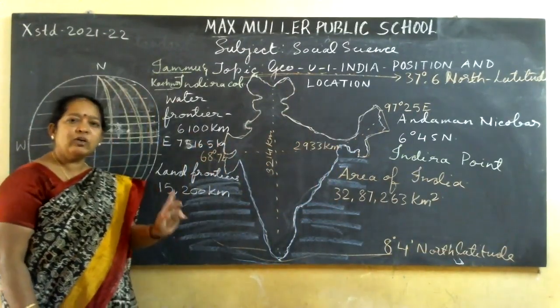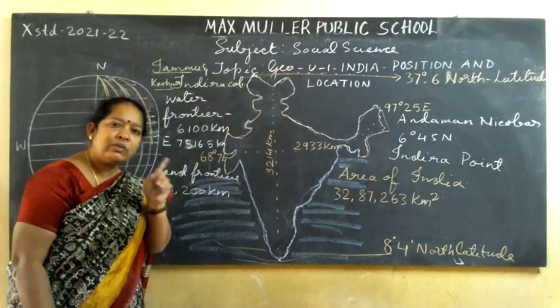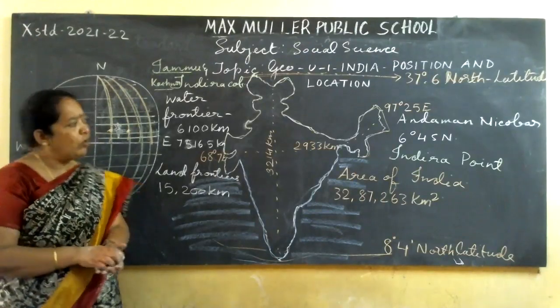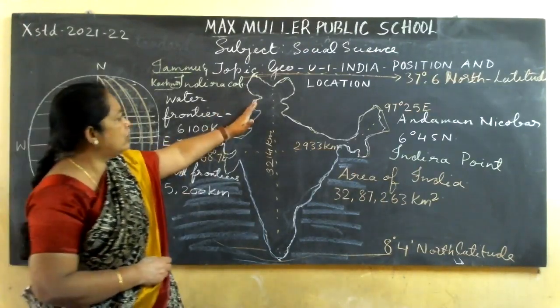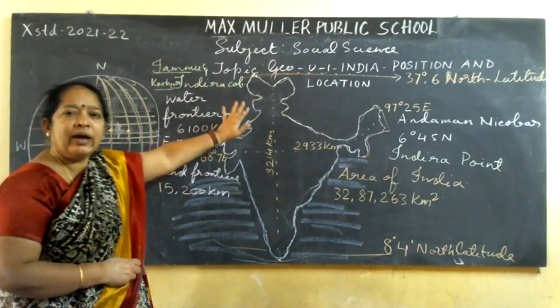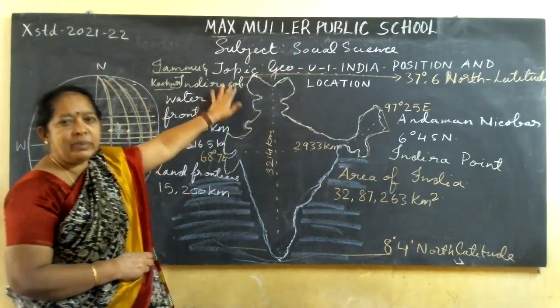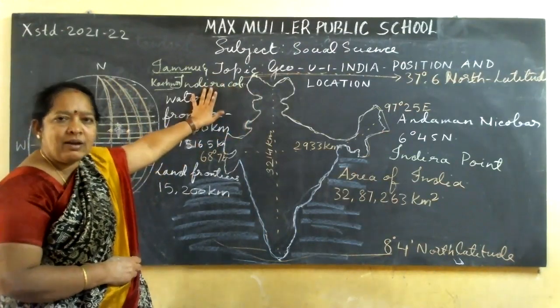Including Andaman and Nicobar, it is 7,516 kilometers.